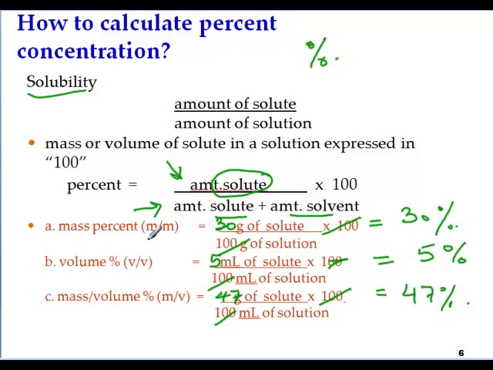The difference in each was, this was a mass by mass where we have both of the quantities measured in grams. Here was a volume by volume where both the quantities are measured in mLs. And in the last example, which is the most common one, you see grams per mL. So depending on how you are taking each of the calculations, the concept used is the same. That is the amount of solute in the total amount of solution.